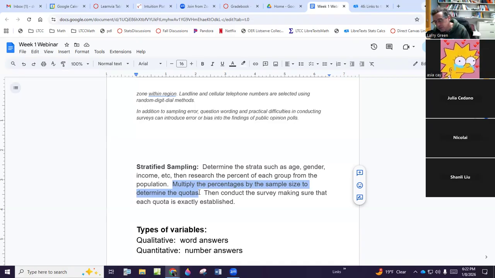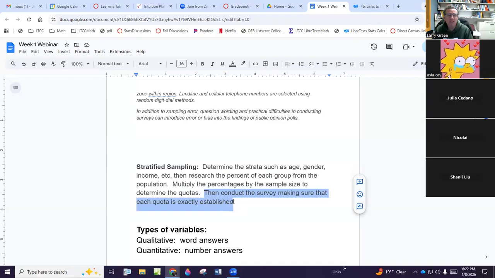And then you'd find the quota for the Democrats and the quota for the others. And then you conduct the survey, making sure that each quota is exactly established. Okay? So if you've surveyed 200 Republicans already, the next person you ask turns out to be a Republican, you don't even ask the question. If you've only surveyed 180 Republicans, you got to make sure you get 20 more. Does that make sense?